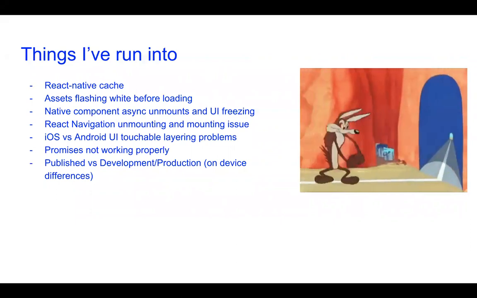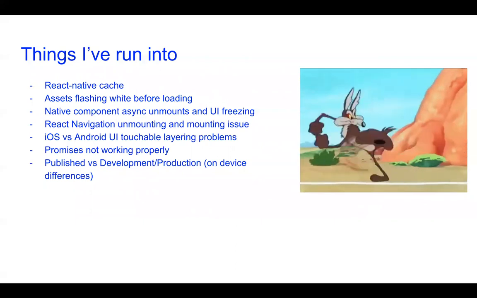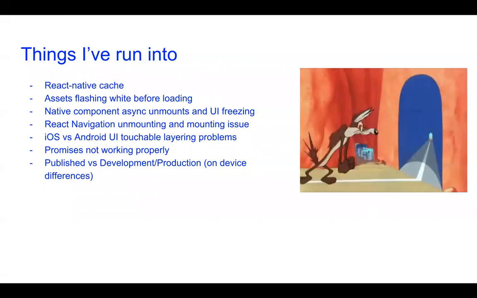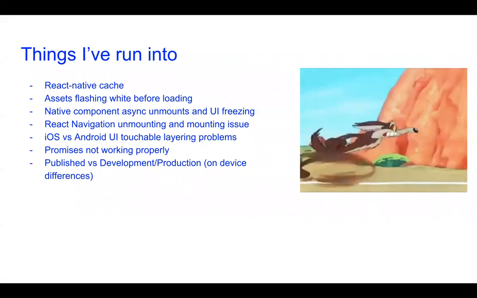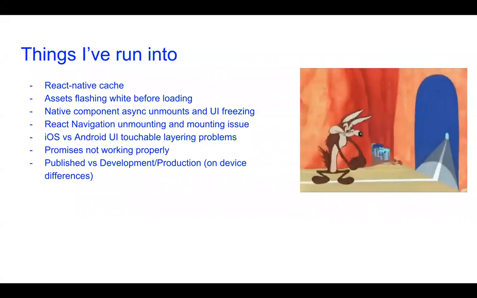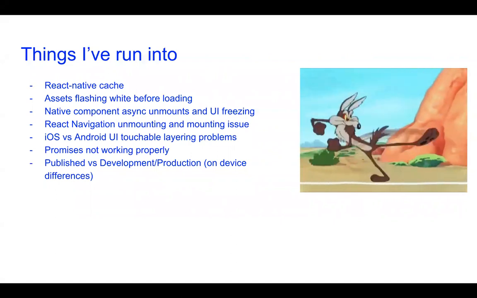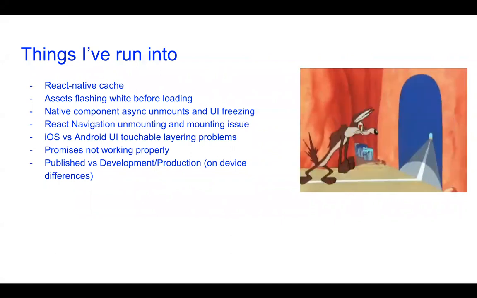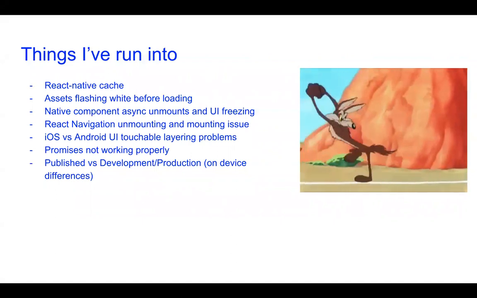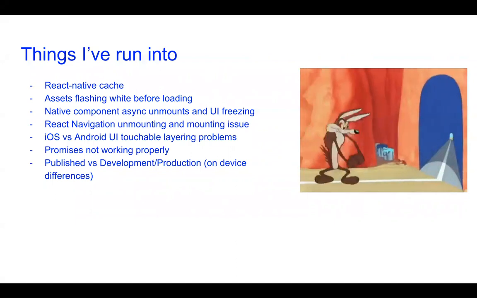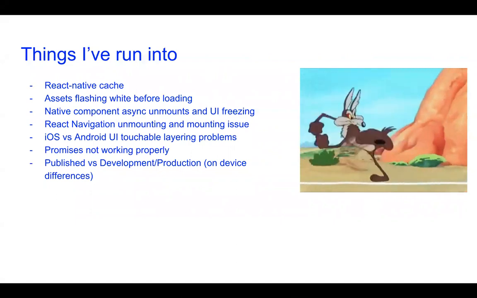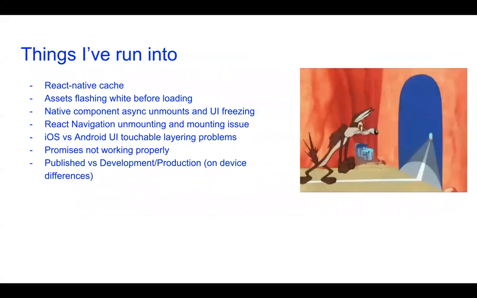Let's see. Native component async unmounts and UI freezing. Again, that's related to Stack Navigator, where you're going from one screen to another screen to another screen, and then you go back and you're unmounting something and you're trying to mount something while that component's still not fully unmounted, or it has asynchronous processes going on.